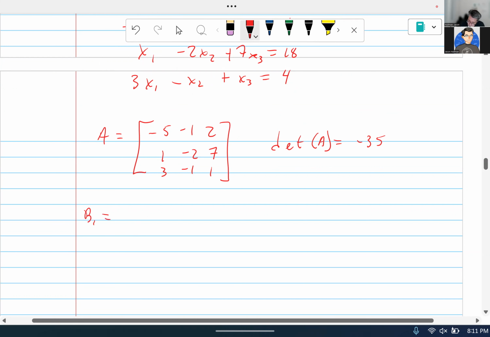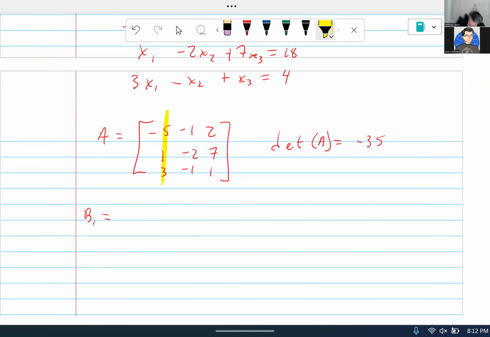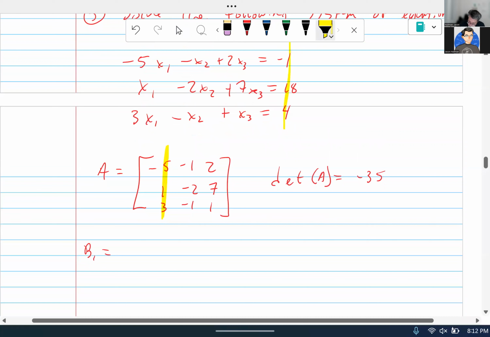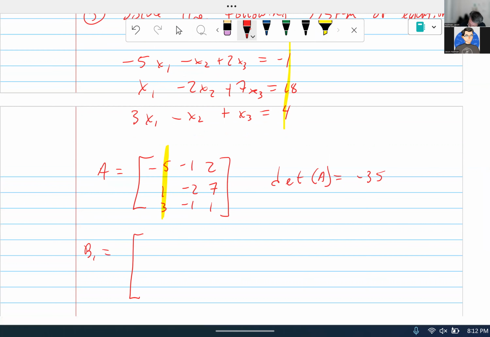I replace the first column with the constants, -1, 18, and 4, and I get -1, 2, -2, 7, -1, 1. The determinant of B sub 1 is going to be equal to -35 as well.